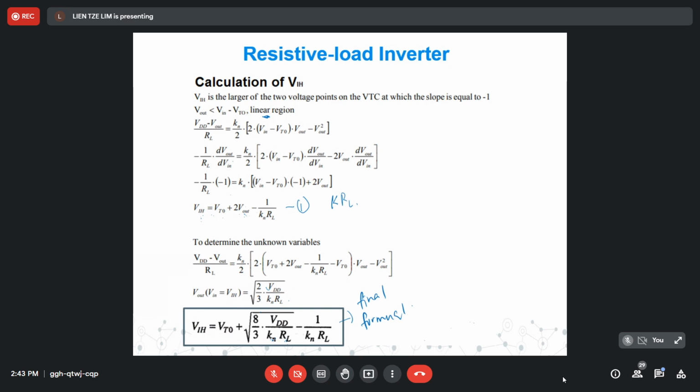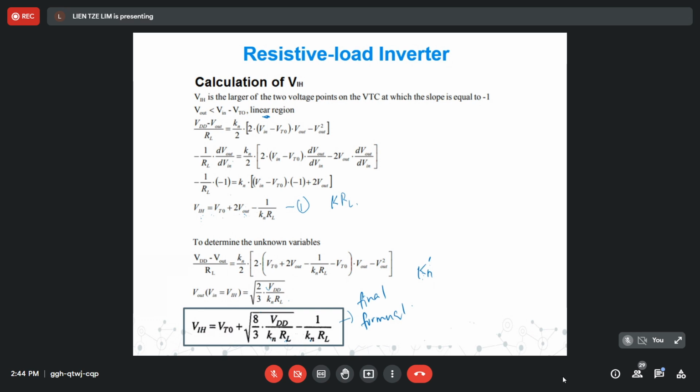Okay, I just remembered, Kn usually you need to calculate. It will not be given. The given one is K prime. You will see a K prime and a K. There are two different parameters here.